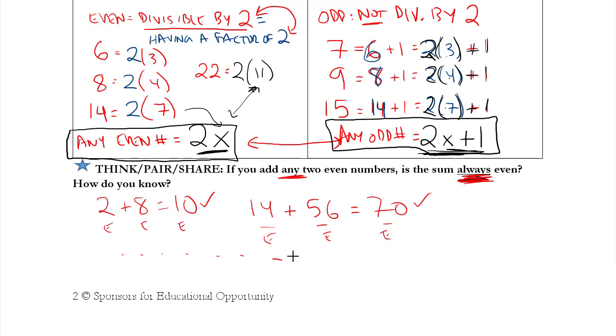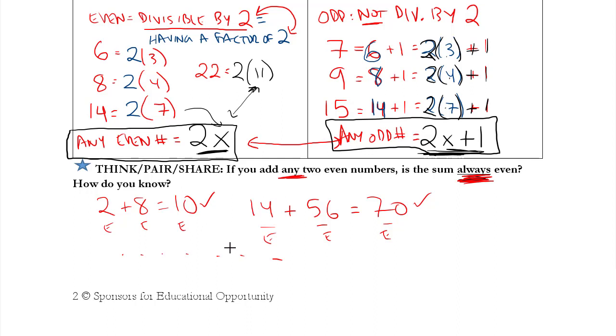You could fill them all up, and maybe there's 100, 1,000, 10,000 examples where it is true that even plus even does equal an even number, right? But for all we know, if you just tried one more example, you'd get an odd number, right? Who knows? So this is where we really see the power of this being able to express divisibility algebraically and being able to reason with factoring algebraically.